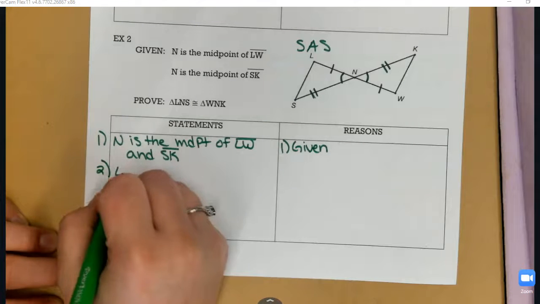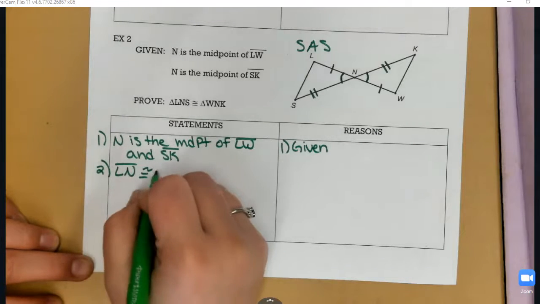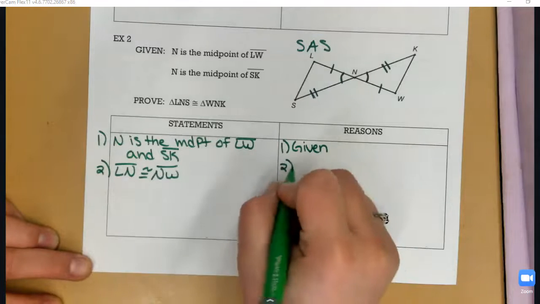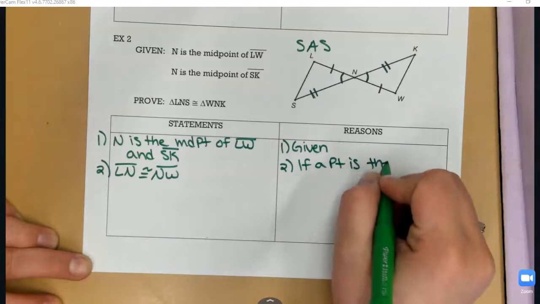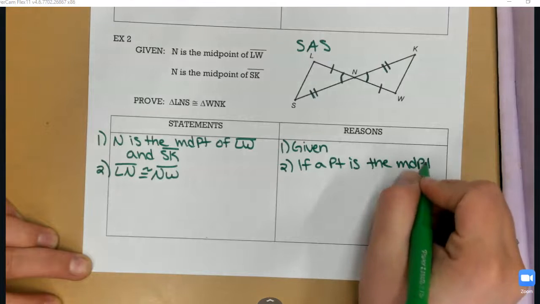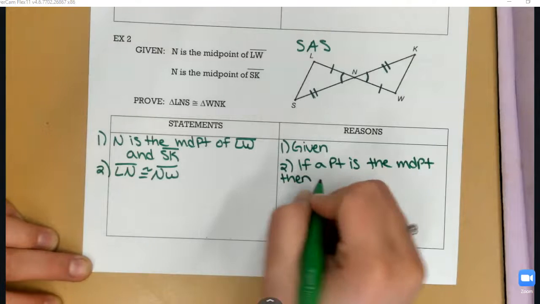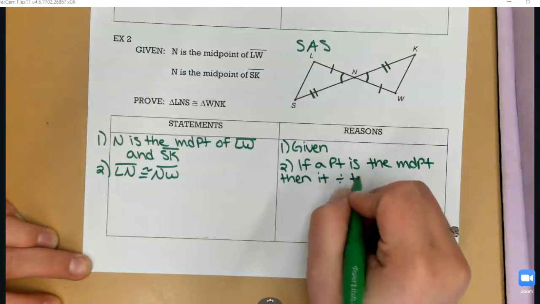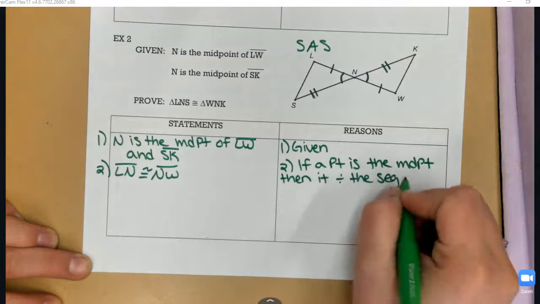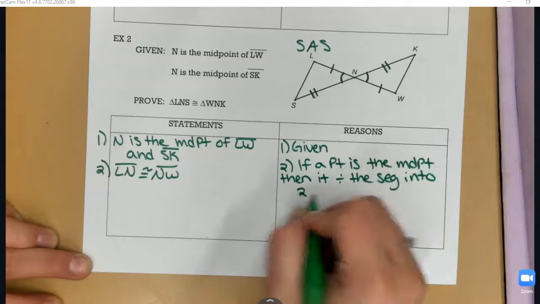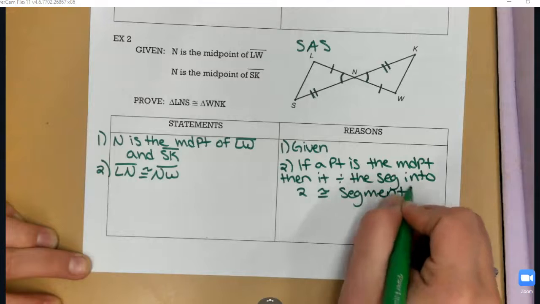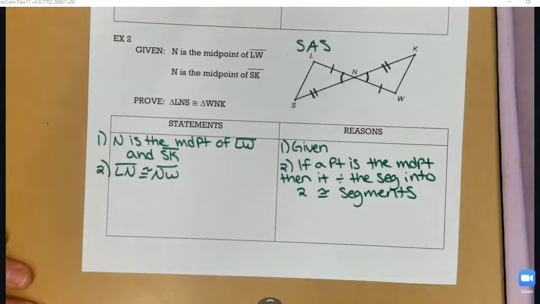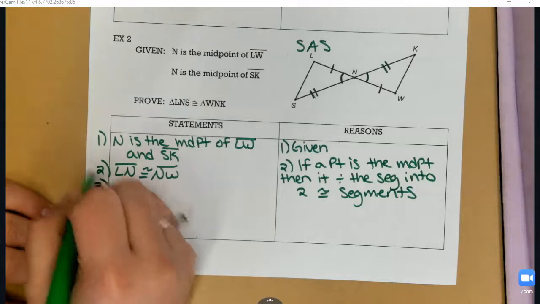So that first lets me conclude that LN is congruent to NW because if a point is the midpoint, then it divides the segment into two congruent segments. Alright, so there's my side.